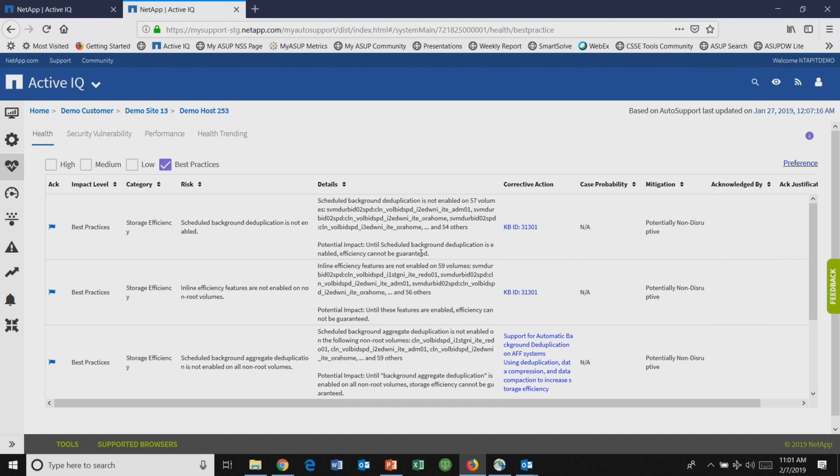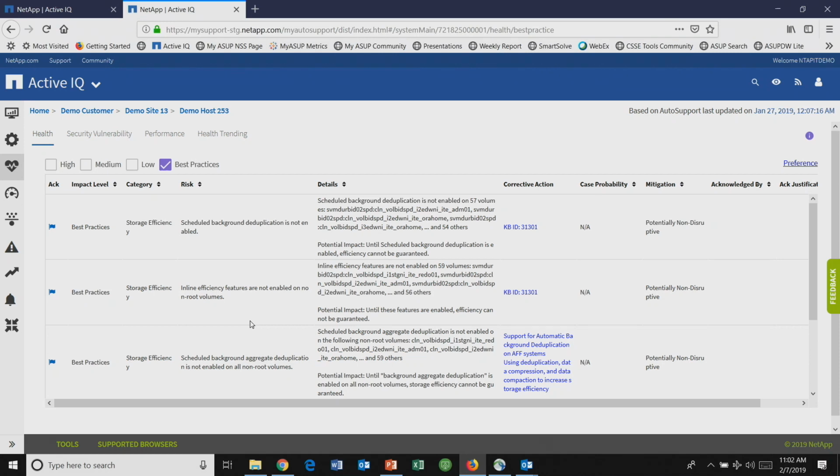controller. So looks like there are some configuration issues with the background deduplication not being enabled. That's one gap she sees. And she also sees other issues such as efficiency features that are not enabled on this particular controller.